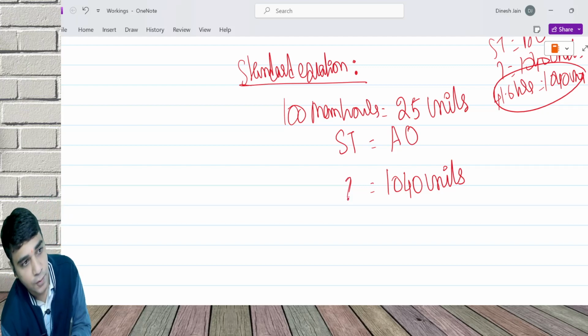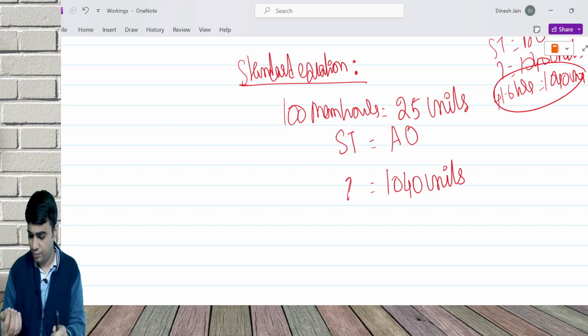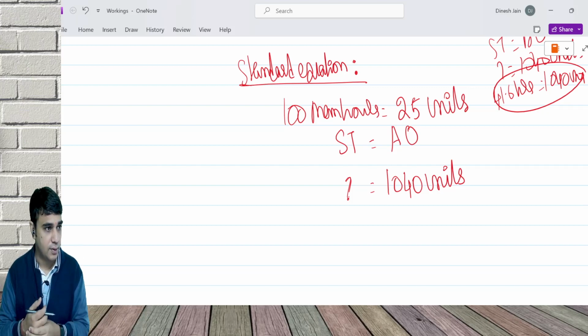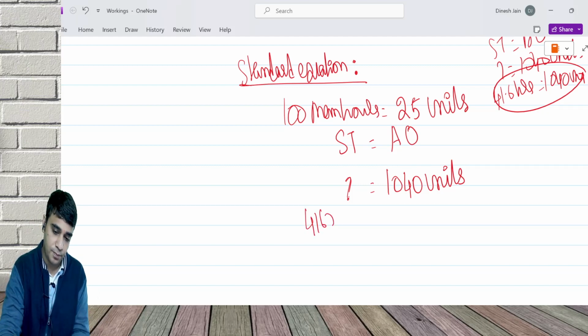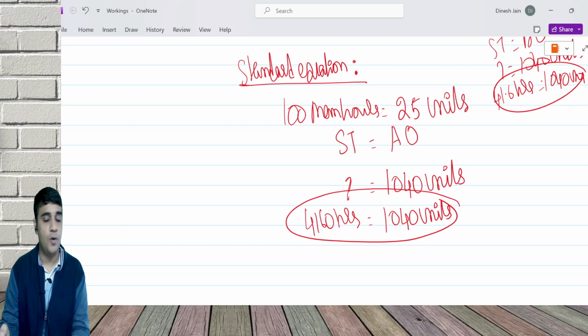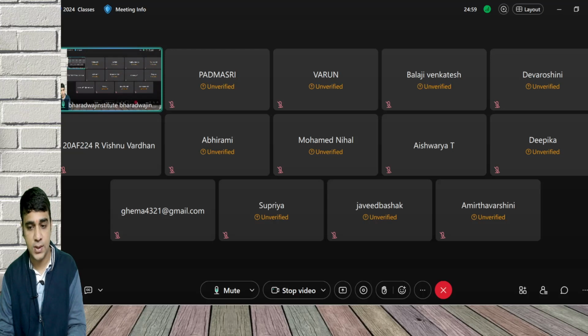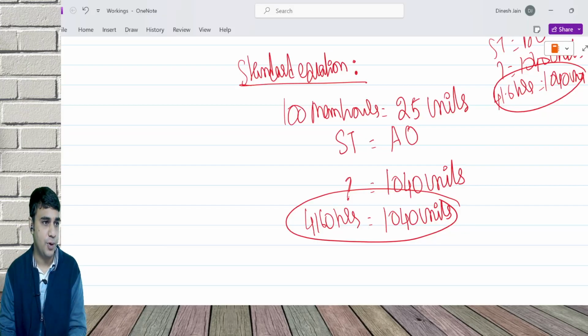Question mark equal to 1040, 100 equal to 25. No, 100 equal to 25, question mark equal to 1040. 4160. 4160 hours is equal to 1040 units.